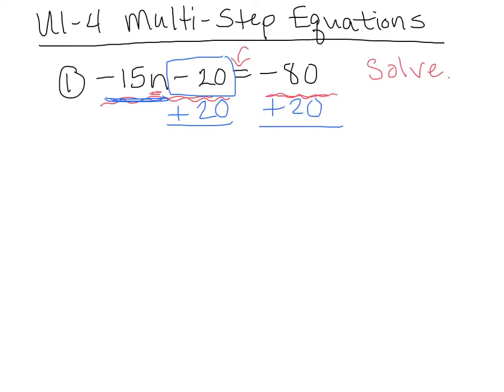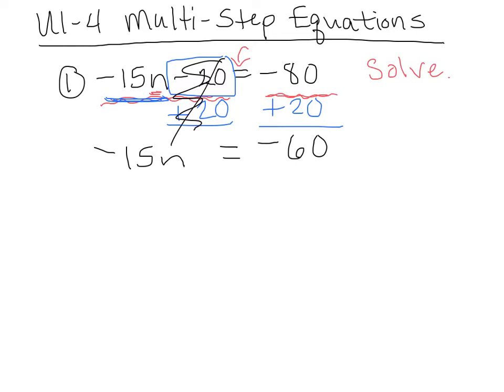And negative 80 plus 20 is negative 60, right? And then we bring the rest of the equation down. We had a negative 15n. This is just gone, so let's not write anything. It's just an equal sign. So now we have negative 15n equals negative 60.